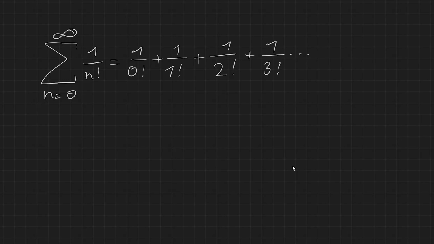When you put this into your calculator, you will tend to 2.71828 and so on. 2.71828 is equal to e. So this expression here is equal to e.